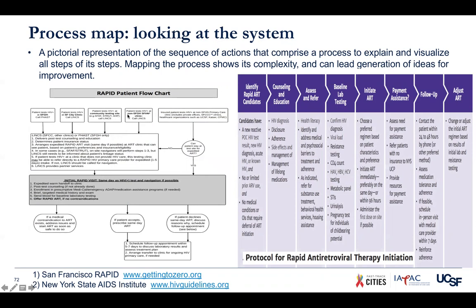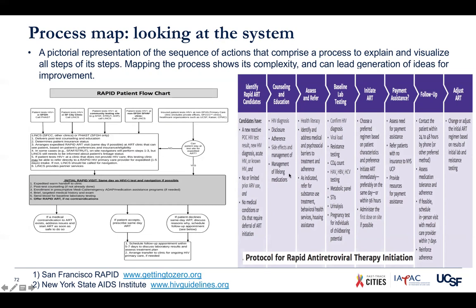And then from those different entry points, they will come into a setting where they can be counseled, they can be assessed to determine if they can access medications, and then they receive the service to initiate rapid ART. And then it identifies the follow-up steps so that if ART is accepted, how to follow up in a short time frame to monitor for side effects and foster engagement and care.